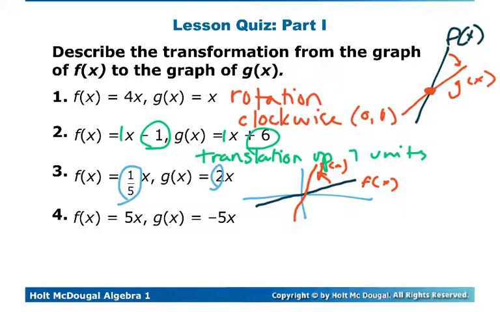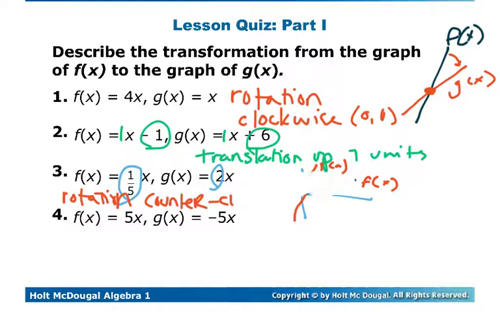So we're going to say it's a rotation, counterclockwise, on 0, 0.